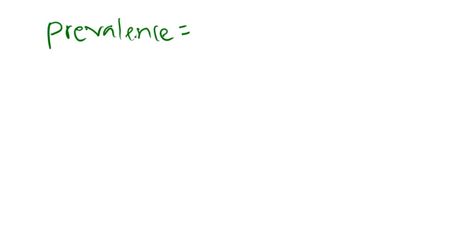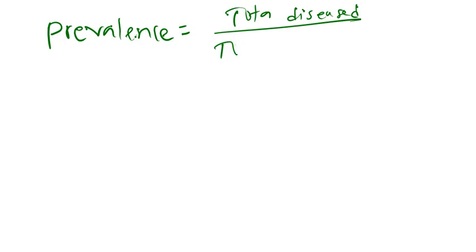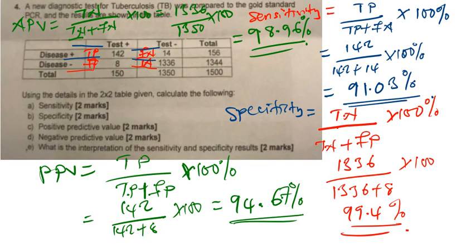So you say the total diseased divided by the total tested. If we look at our table, the people who had disease, this is the row, the total is 156.